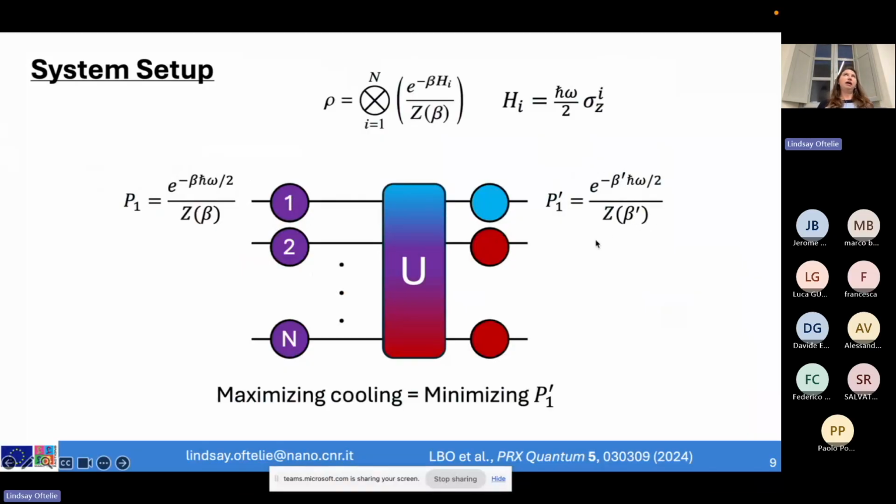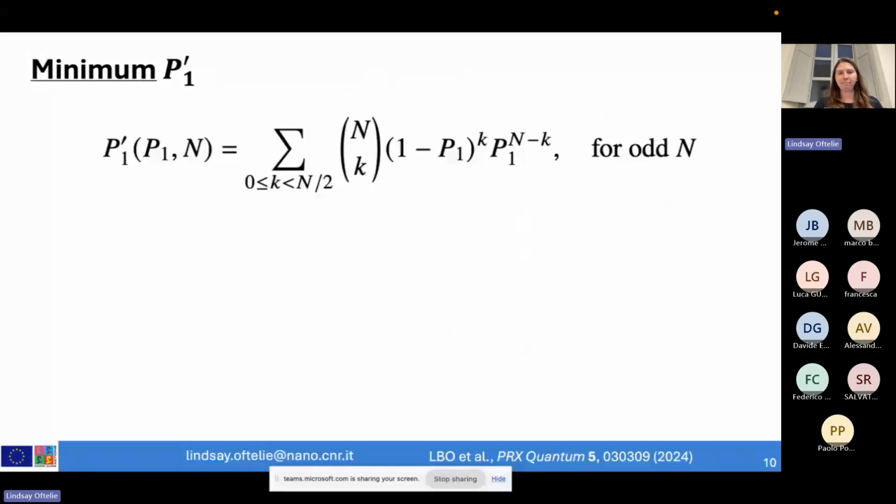So the problem of trying to find the maximum amount of cooling is equivalent to trying to minimize this P1 prime, this final probability of our target qubit being in the 1 state. And so we used some results from quantum thermodynamics, specifically based on ergotropy, which is the maximum work you can extract from a driven quantum system.